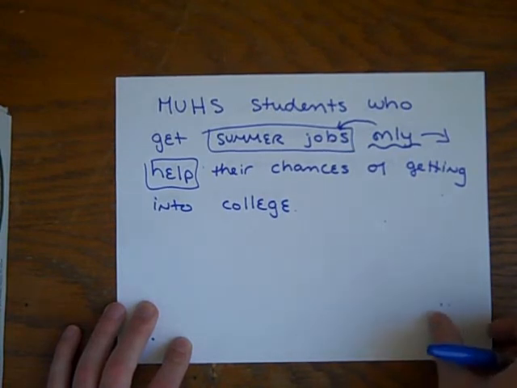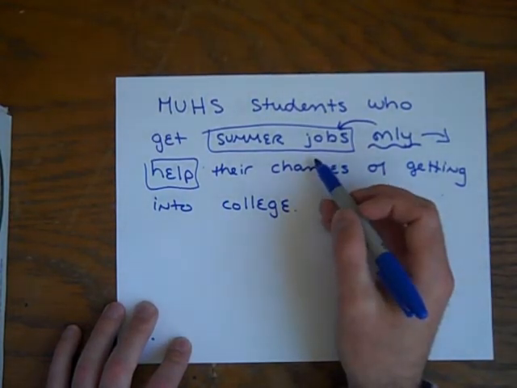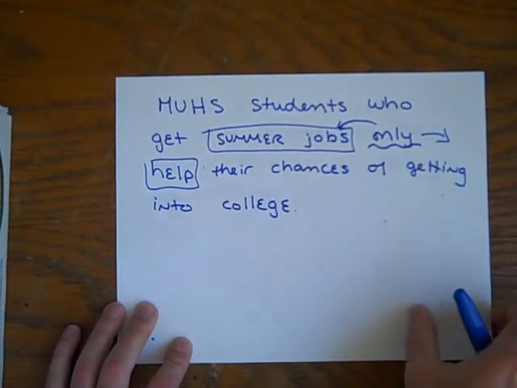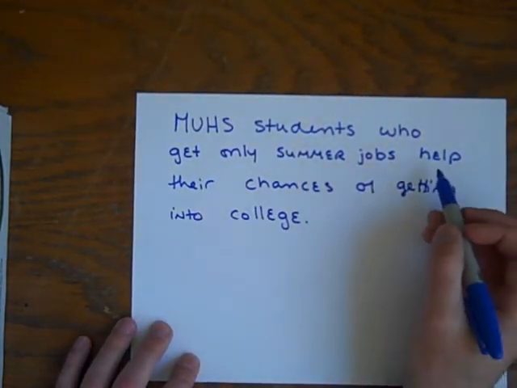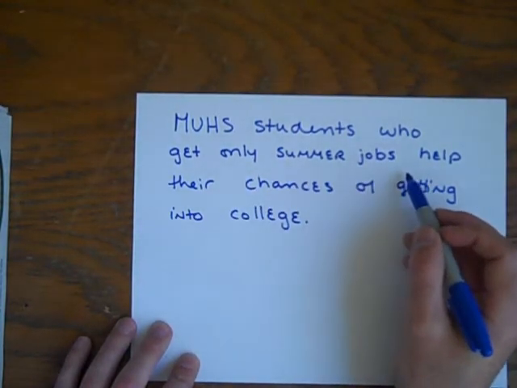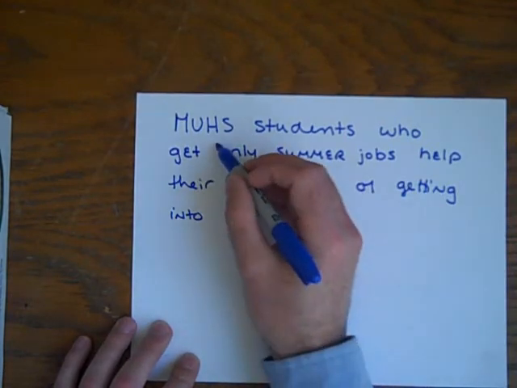If you mean that they don't get any other kind of jobs, and that's what helps them get into college, so they don't get jobs during the school year, then what you mean is MUHS students who get only summer jobs help their chances of getting into college. Okay.